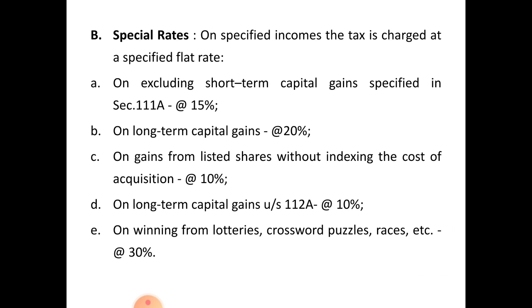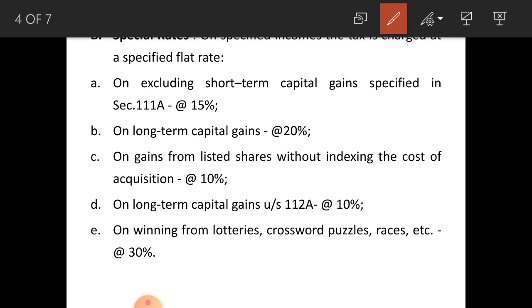On short-term capital gains specified in section 111A, taxable at the rate of 15%. That short-term capital gain must be specified under section 111A, that is short-term capital gain from securities taxable at 15%.